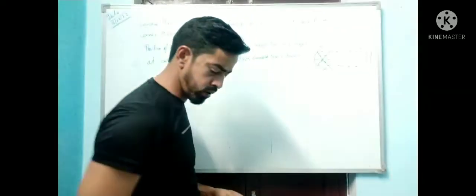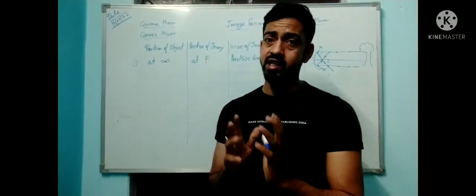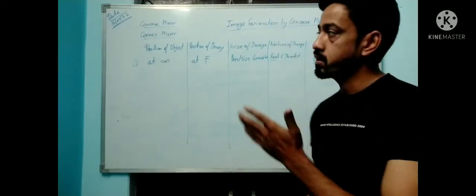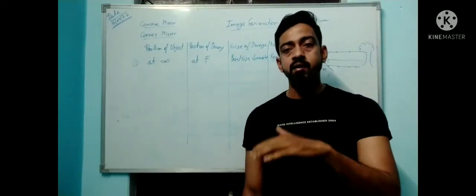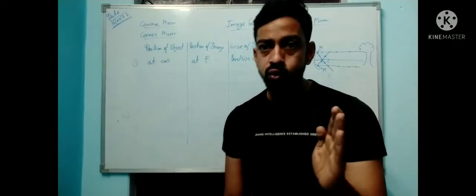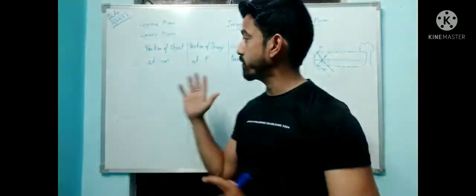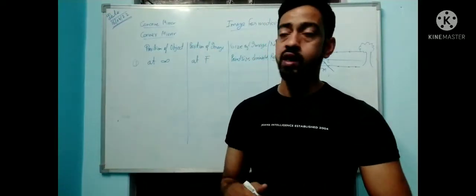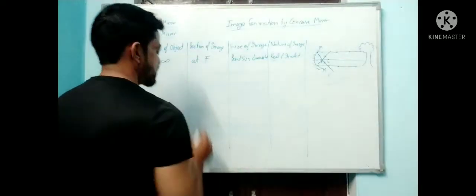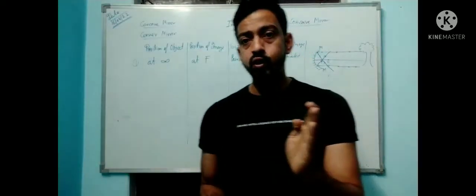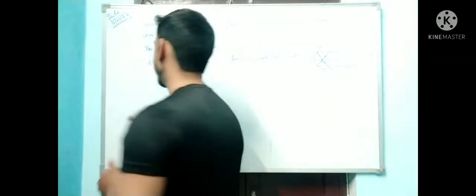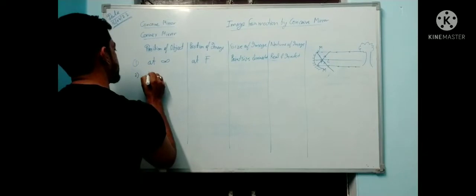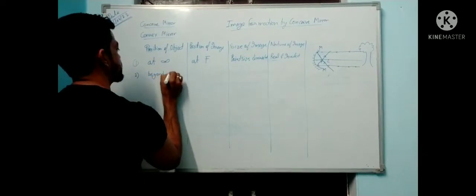Okay, next. Now we study this case of changing position of objects, like what happens when we move the object nearer to the mirror, because we took it very far at infinity. Next is when we come close to the mirror. So the next condition is beyond C, which is also far away from the mirror.